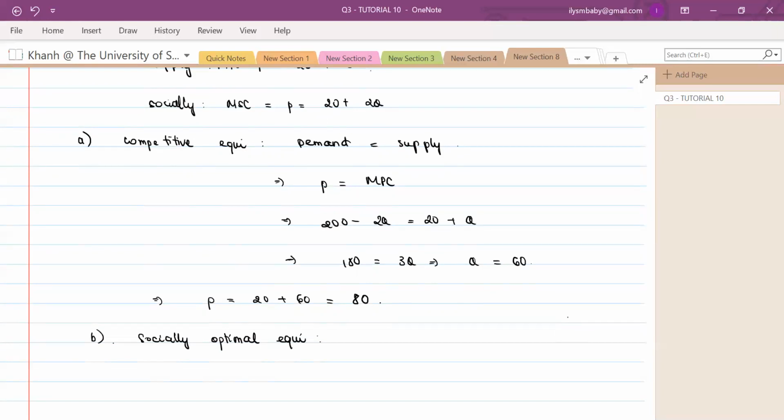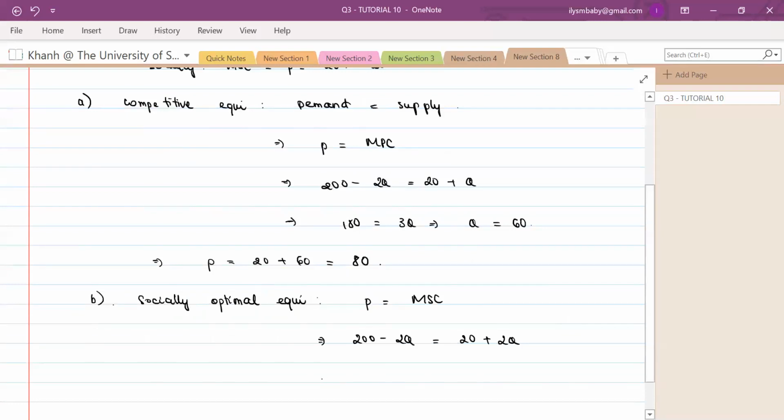So what we do is equate the price to the marginal social cost. We have 200 minus 2Q, and we want to equate that to 20 plus 2Q. Therefore we get 180 equals 4Q, and so Q is going to be 45.